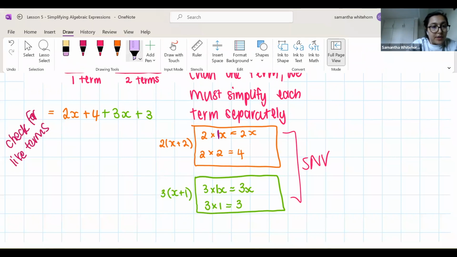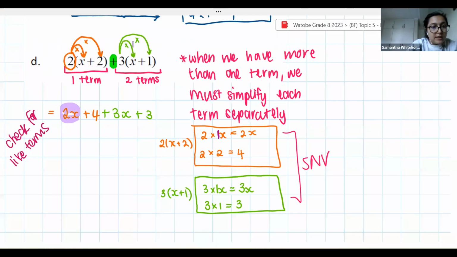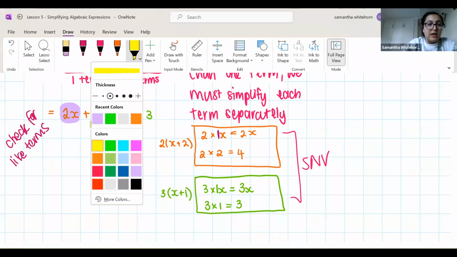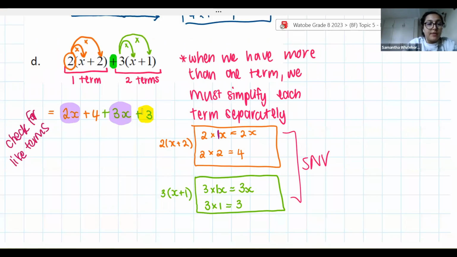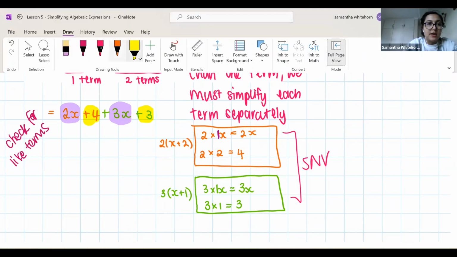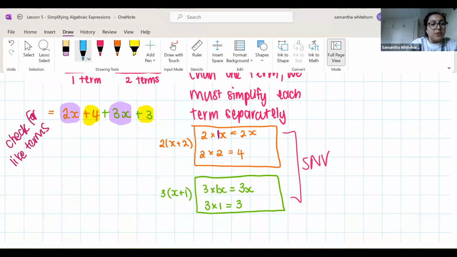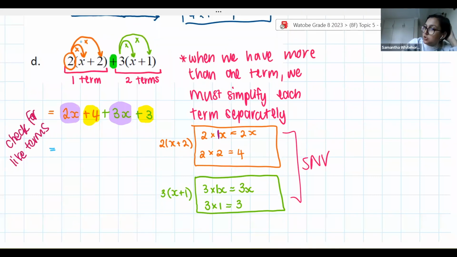So here I can see that I've got a 2x and a 3x, which are like terms because they both have a variable x with an exponent of 1, as well as a plus 3 and a plus 4. Those are my constant terms. We've spoken about that as well. If you've missed that, you need to go to, I think, the first lesson that we did in this course. We spoke about all of these definitions. So go back and have a look.